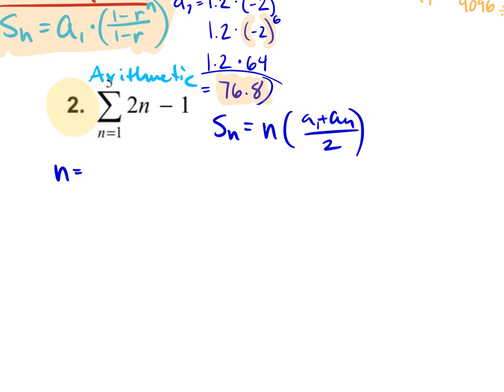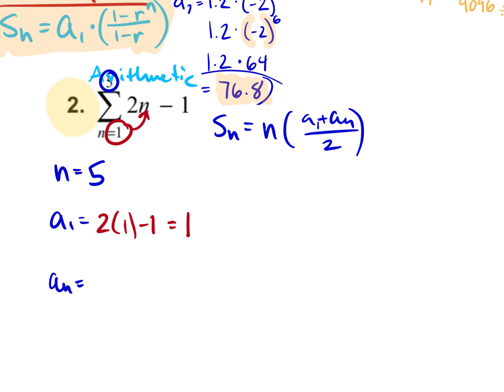So we need to know what n is, what a sub 1 is, and what a sub n is. So what's our n? 5. Awesome. How do we find a sub 1? We plug in 1 into the n, so we have 2 times 1 minus 1. That'd be 2 minus 1, which is 1.